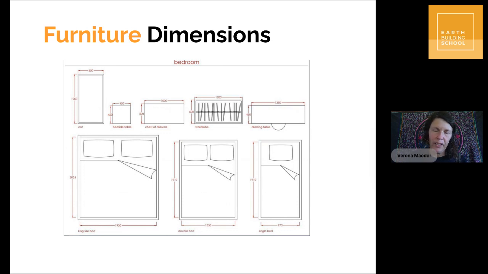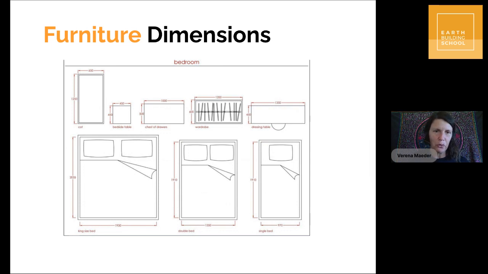If you're new to this, what you can do to find out dimensions of furniture, for example, is go online and research this. Depending on whether you're working in metric units or in imperial units, you just Google standard furniture dimensions for bedroom or something, and it comes up with these images that give you standard dimensions.